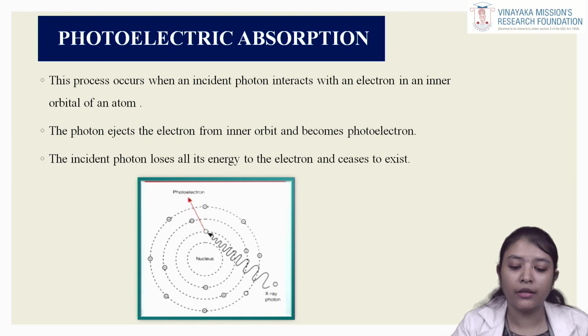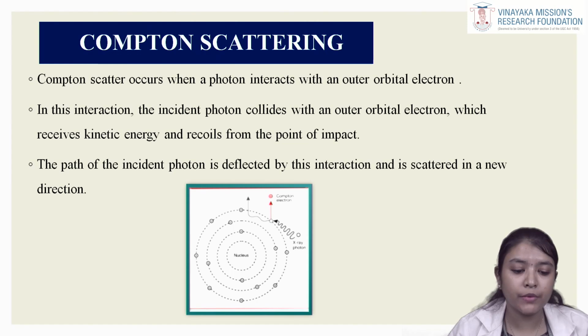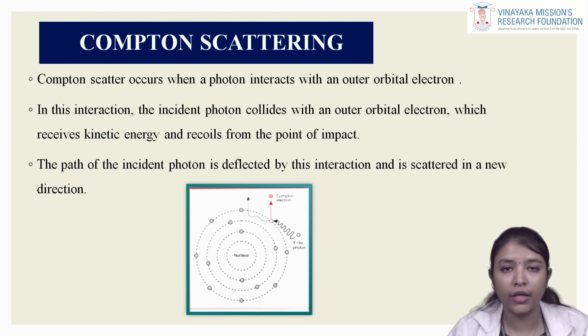Through this, energy is produced. Compton scattering occurs when a photon bombards an outermost electron in the orbit. This causes the outermost electron to recoil and move to another position, which causes some radiation.